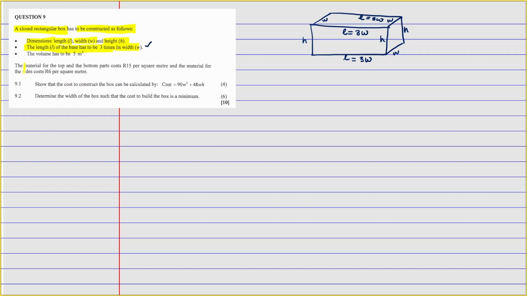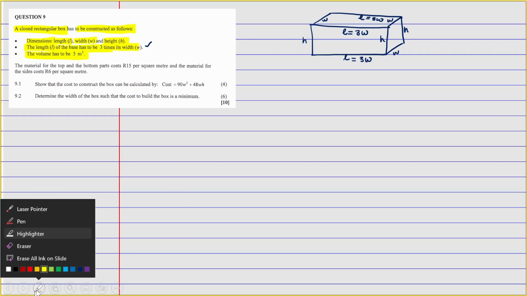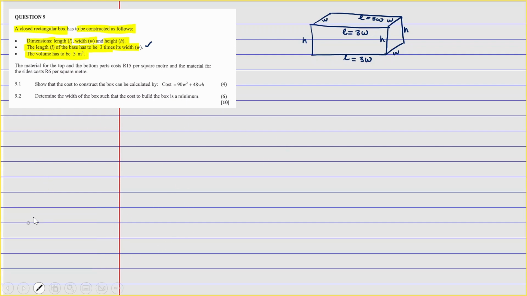Then here they tell us that the volume is equal to 5 meters cubed. So we know that volume, and I'm going to write it here, is equal to 5 meters cubed. What's nice about them giving us the volume is that this volume is going to be the helper function.